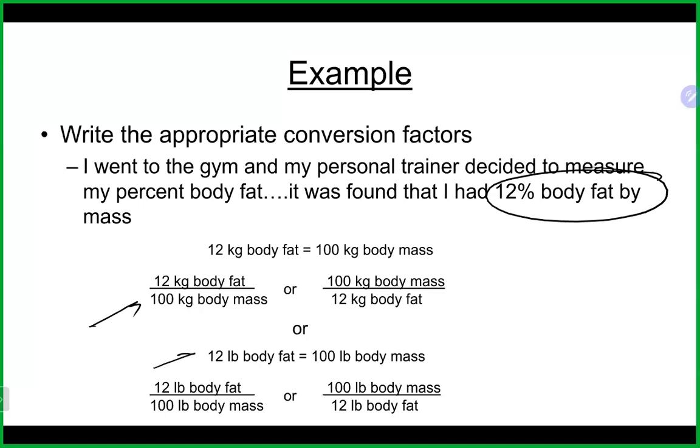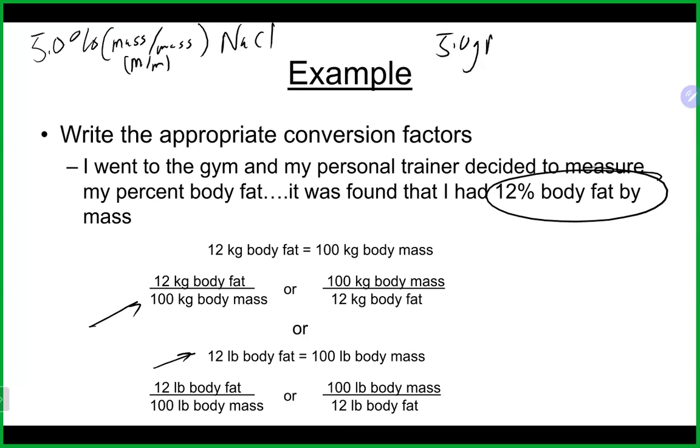We could do a more English type of conversion in pounds. 12 pounds of fat equaled to 100 pounds of body mass. Gives us 12 pounds of body fat over 100 pounds, or 12 pounds on the bottom over 100 pounds on top as well. So, if you had something that was a 5% by mass to mass sodium chloride, sometimes referred to as M/M, that basically means you would have 5 grams of sodium chloride in 100 grams of solution.